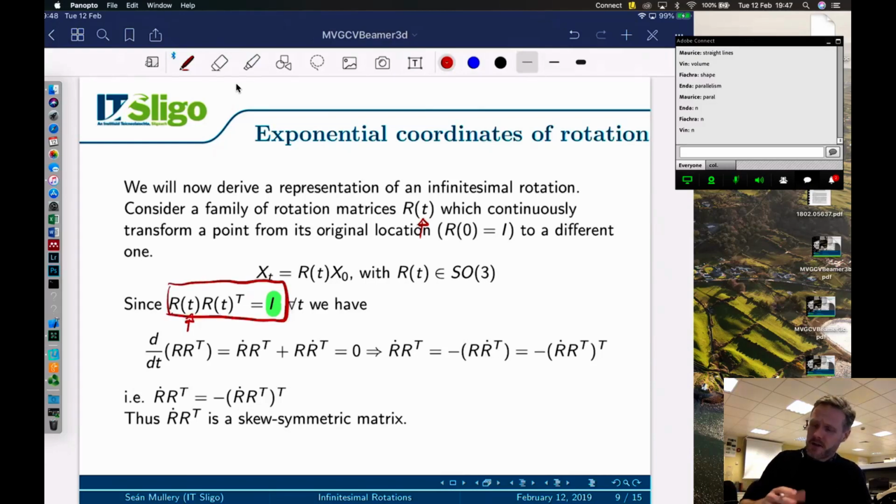So because of that, this entire rotation multiplied by its transpose is constant with respect to whatever angle of rotation we have. And what that means is that the derivative of that will always be equal to 0, because the derivative of a constant will always be 0.